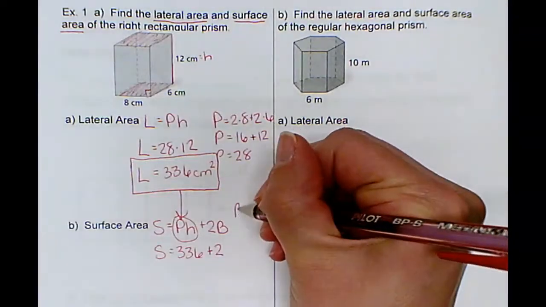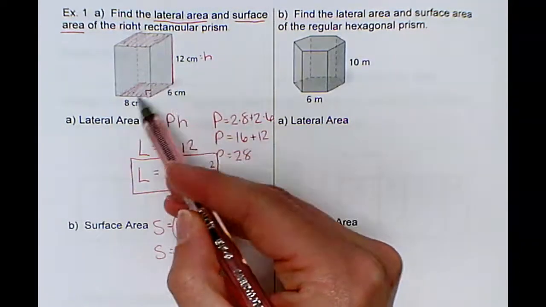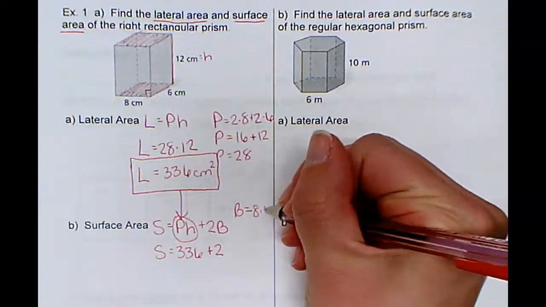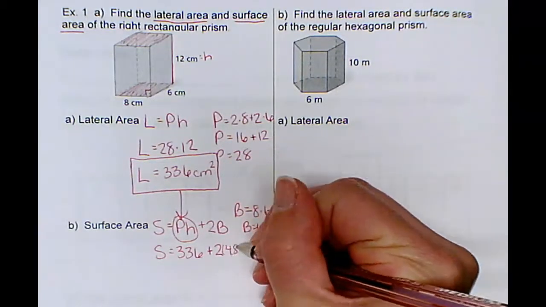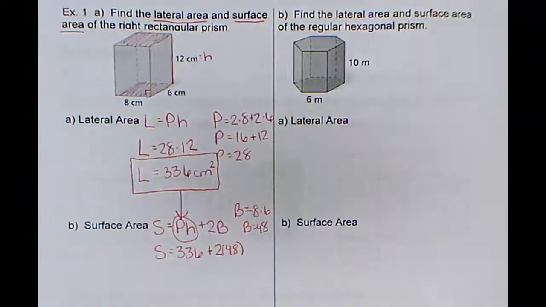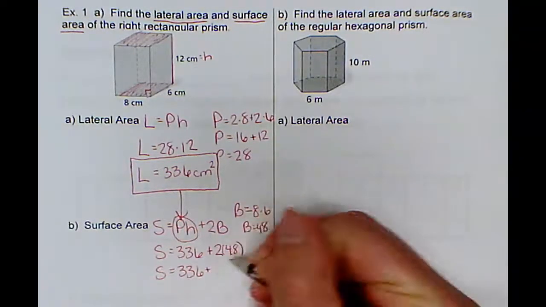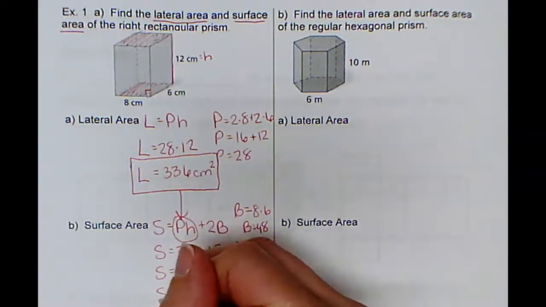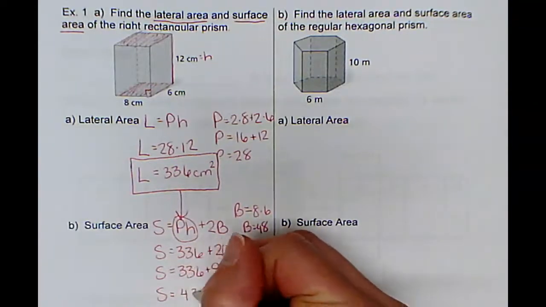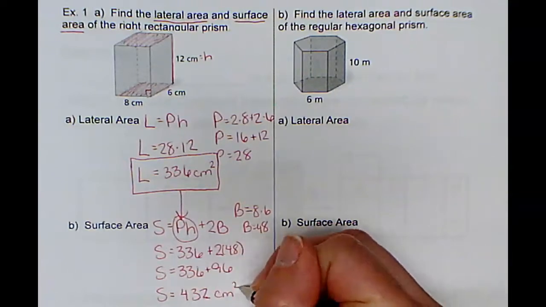Well, the area of the base is just length times width, so 8 times 6. That's 48. 2 times 48 is 96. So 336 plus 96. And if I add those two together, I get a total surface area of 432. And because it's area, we're measuring in centimeters squared.